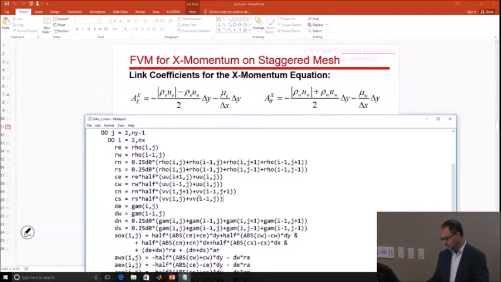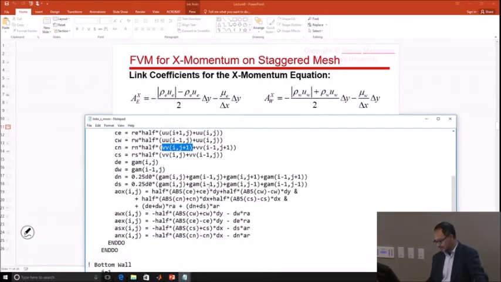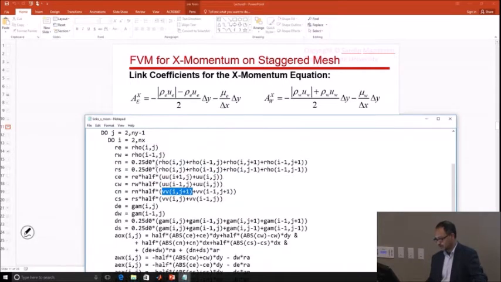As you can see, there's I minus 1, J plus 1. That's a northwest node, because J plus 1 is north, and I minus 1 from there is northwest. So it's doing a summation of north and northwest. That's the northern face rho n times Vn. And then for gamma, again, same thing. You use the same interpolation as you did for rho.